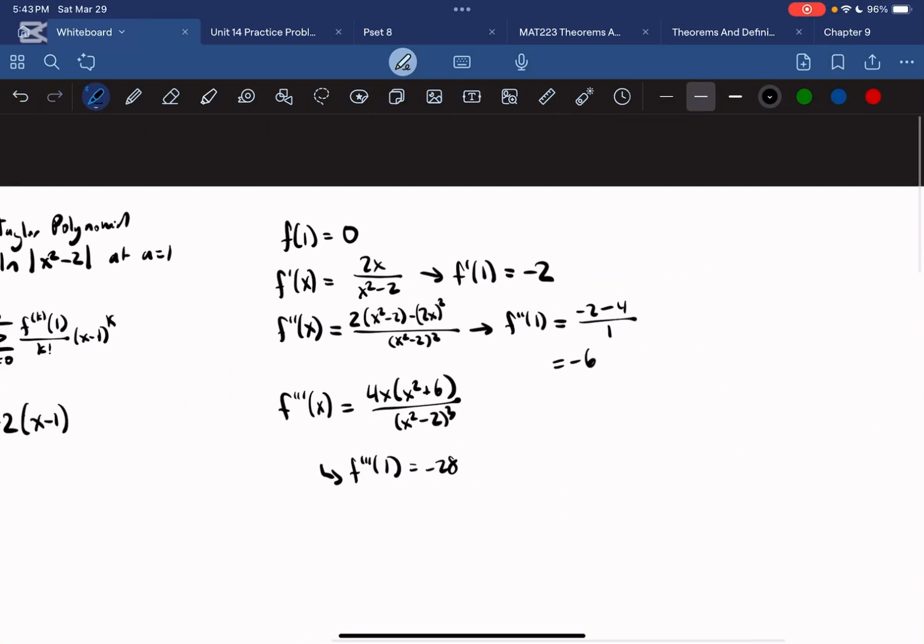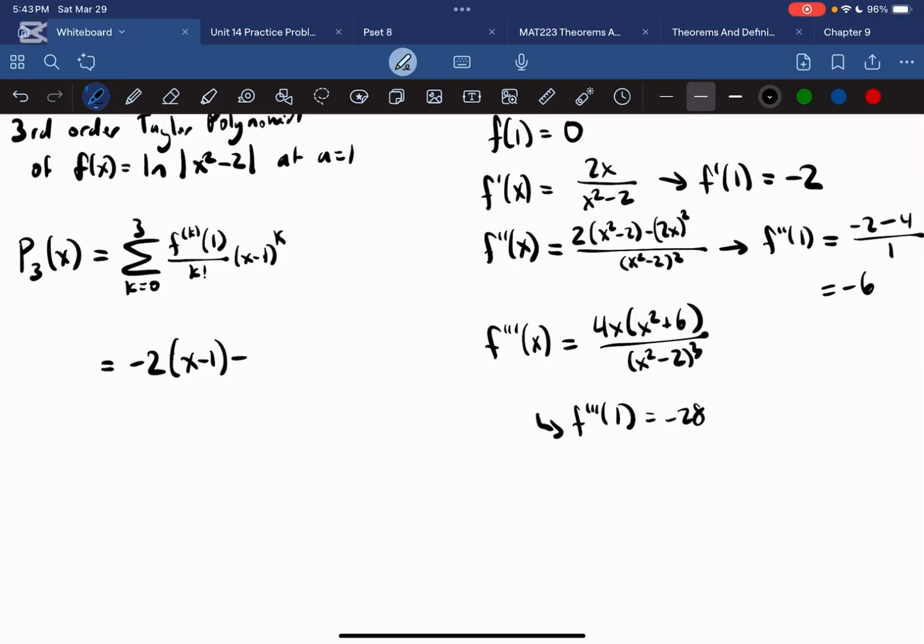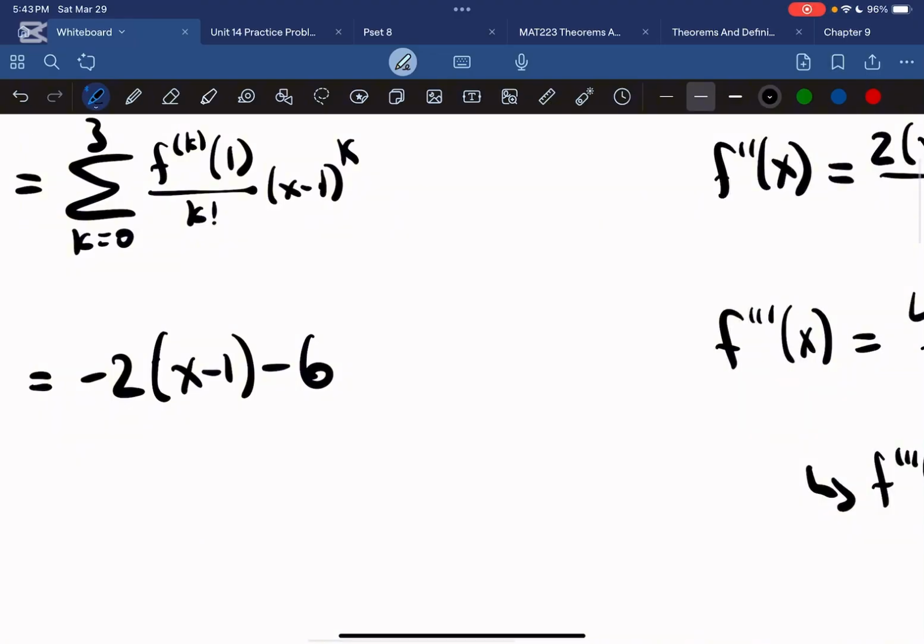And then next term, k is equal to 2, so we have -6 times x minus 1 squared over 2, right?